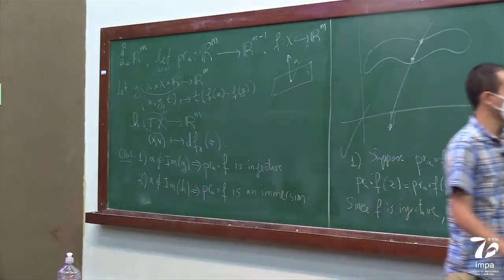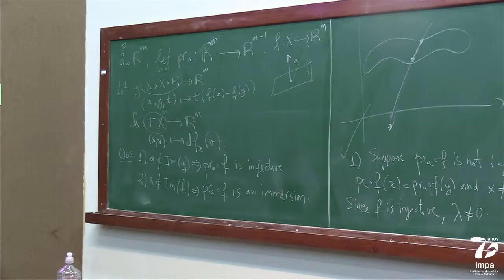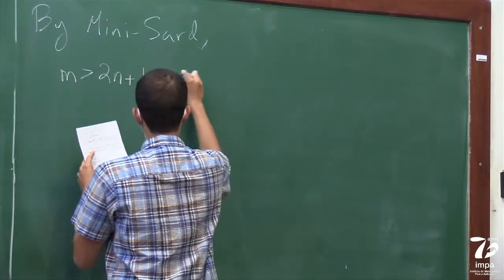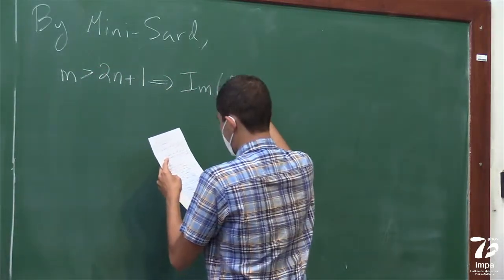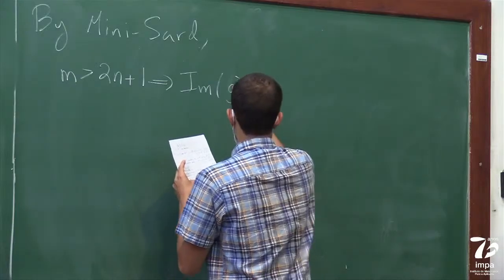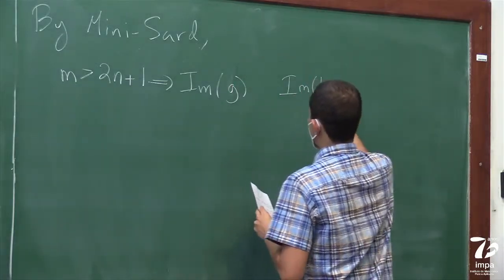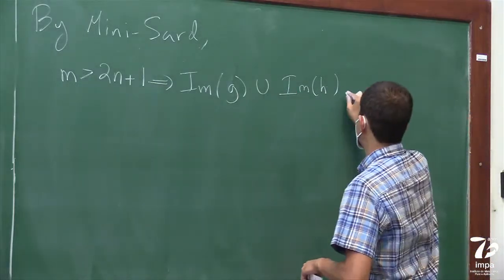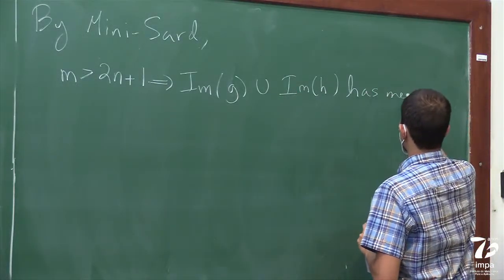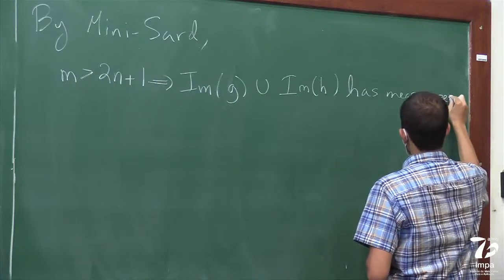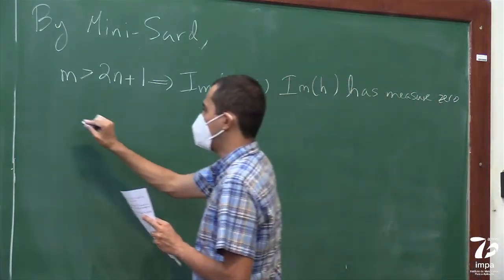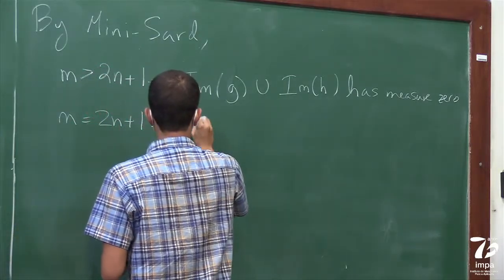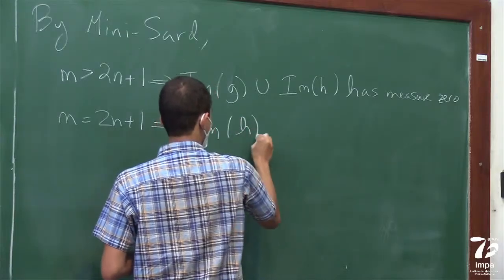So by Mini-Sard, if m is bigger than 2n plus 1, then the image of H and the image of G both have measure 0, so their union also has measure 0. And if m is equal to 2n plus 1, then just the image of H has measure 0.